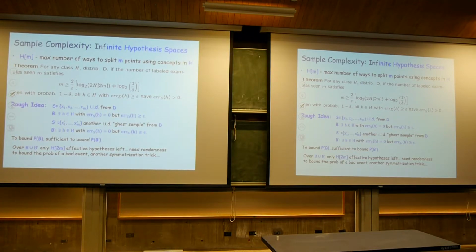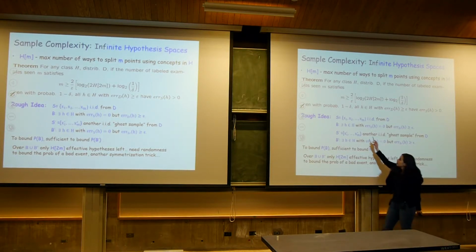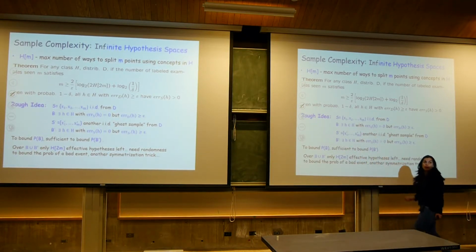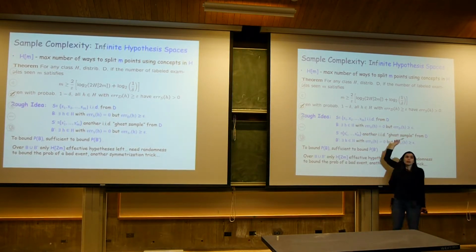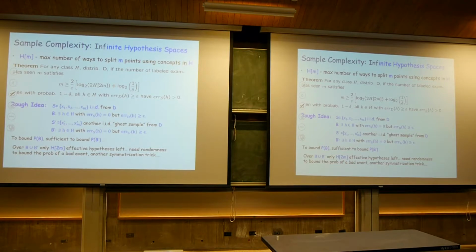Now it turns out that we can think about a related event. S here is a true training sample, and what I care about is bounding the probability of this very bad event B happening. There is a related event where, in addition to my true sample, I also have a fake or ghost sample, which is also of size m and also contains elements drawn IID from the underlying distribution.